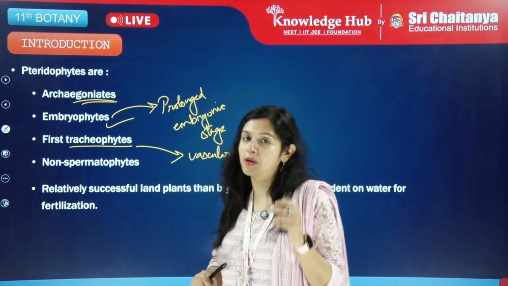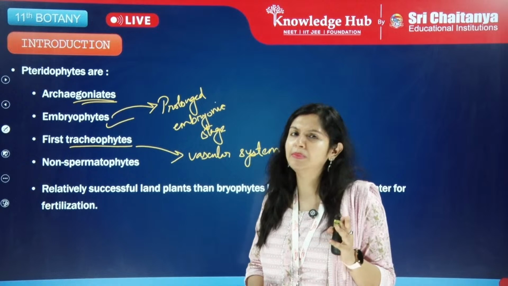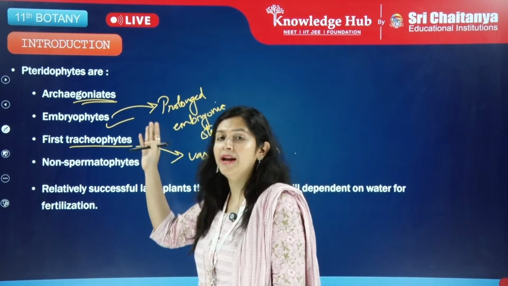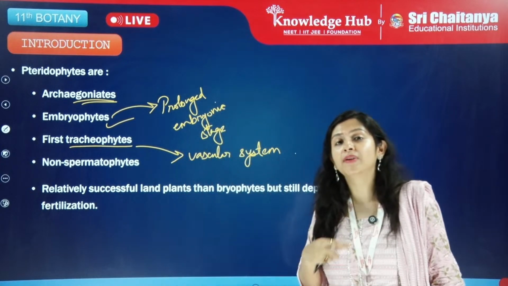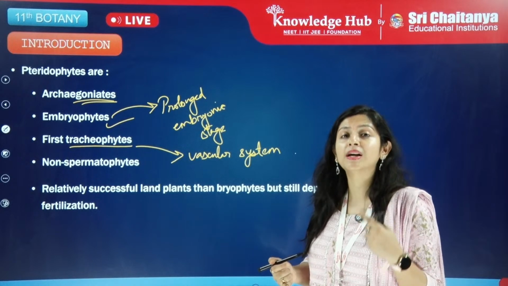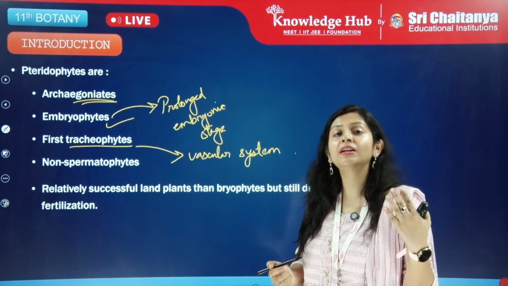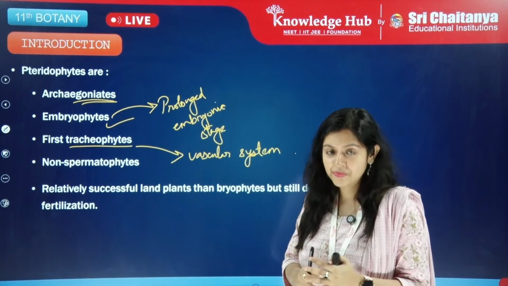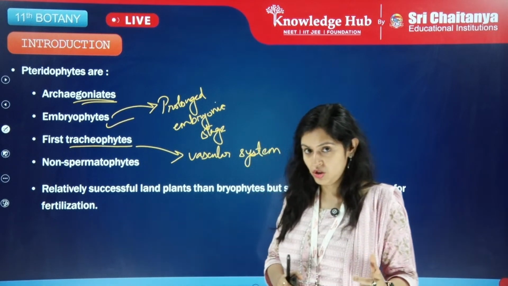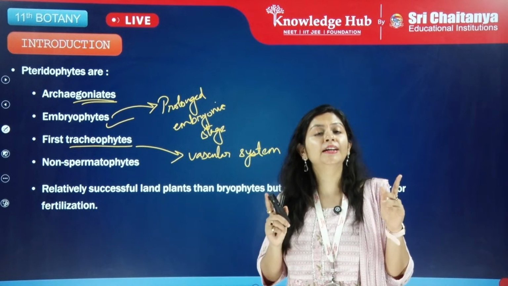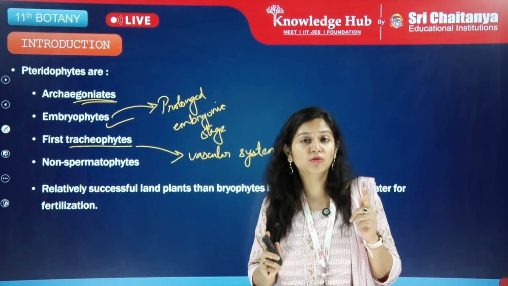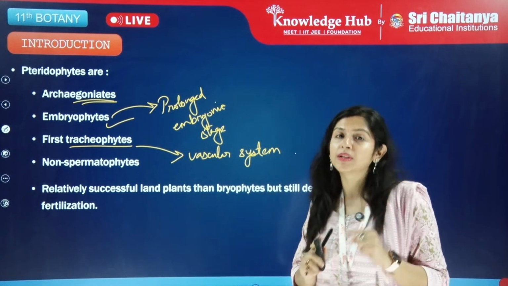They are non-spermatophytes. What do we mean by this? Although they have embryos, they are embryophytes, they don't actually form a seed. They will not have an endosperm. So this group up to Pteridophyta is classified as cryptogamy.